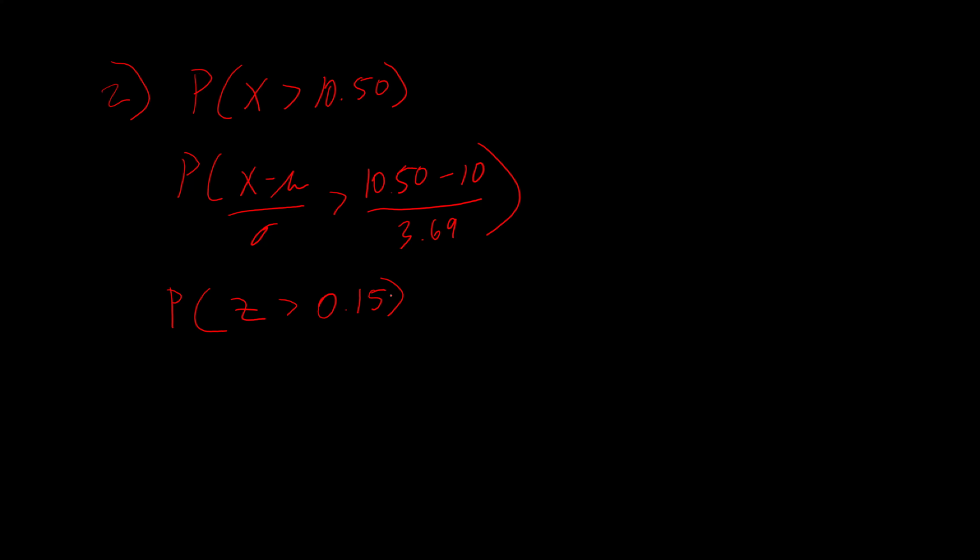It should be 0.14. That is on me. So z is greater than 0.14. We know we have to use a complement rule, which means 1 minus the probability of z being less than 0.14. So you notice the only difference between these two is you're flipping the sign. That is the complement rule.